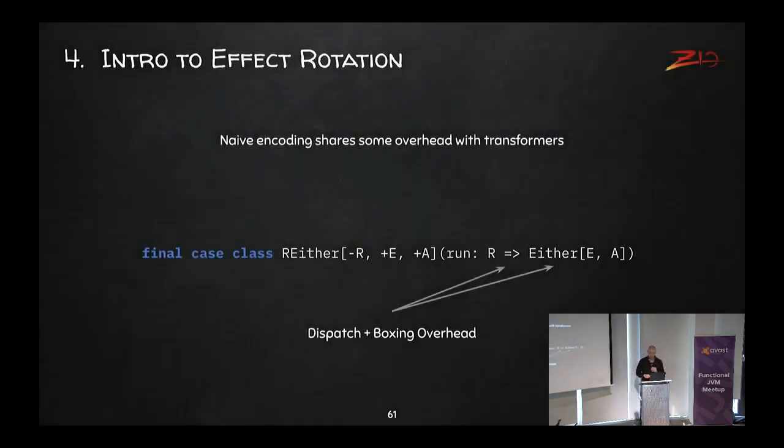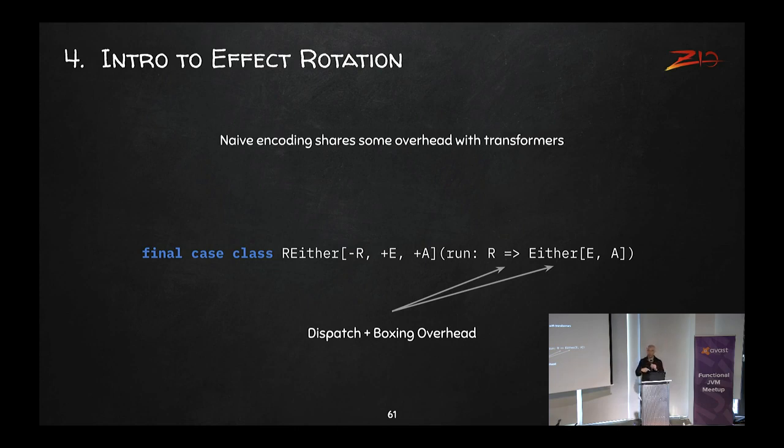Note that this naive encoding actually shares some performance overhead with monad transformers. It's way better than monad transformers, but there still is some overhead. And the overhead comes from the following fact. Let's say we have a segment of our code that's not using the environment R, and it's only succeeding.